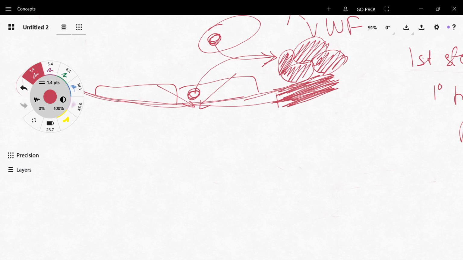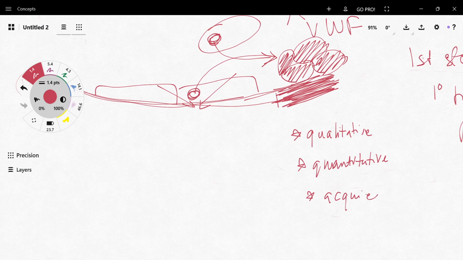Now, there are different types of deficiencies with von Willebrand's factor. The first one is a qualitative deficiency. The second one is a quantitative deficiency, and the third one will be acquired. Now this one I have already covered in a different video under colonic angiodysplasias, so I highly recommend watching that video.